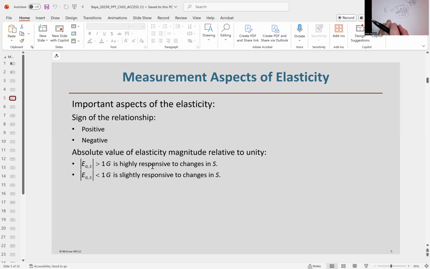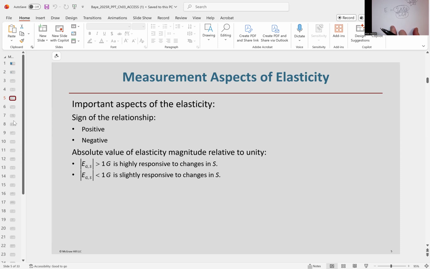We say that's a highly responsive change, quantity demanded is highly responsive to a change in price. And so that good is a price elastic good. If the absolute value of the price elasticity of demand is between 0 and 1, that is to say this expression is less than 1, we're talking about an inelastic good.